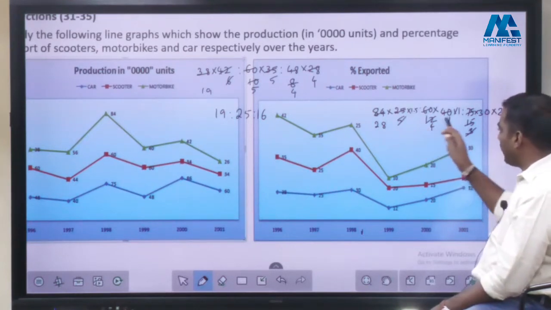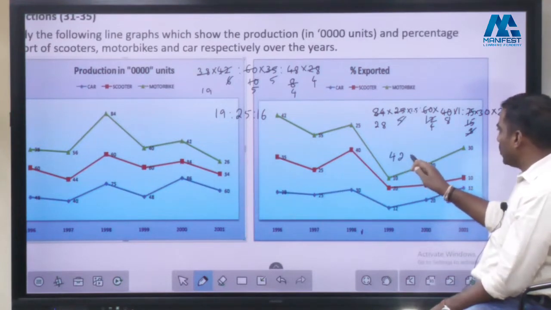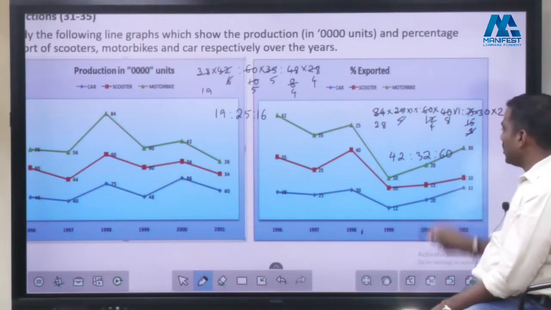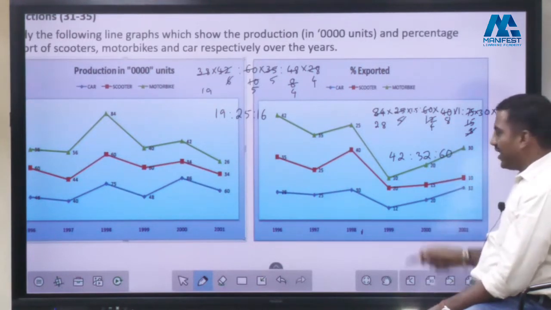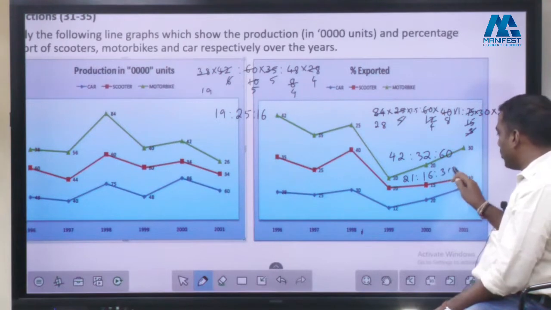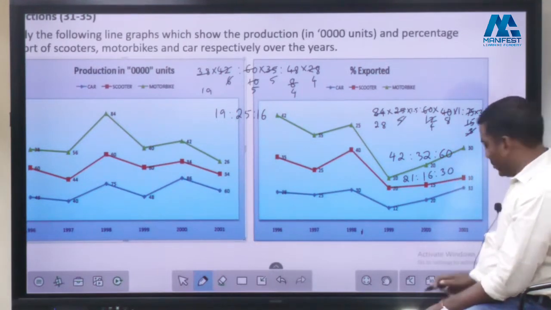Or you multiply everything and keep first. 28 into 1.5 is 42. 4 into 8 is 32. And 30 into 2 is 60. Again, you can simplify. 21, 16, and 30.